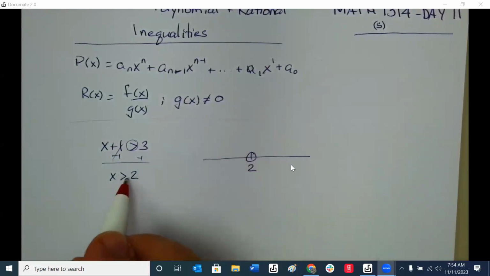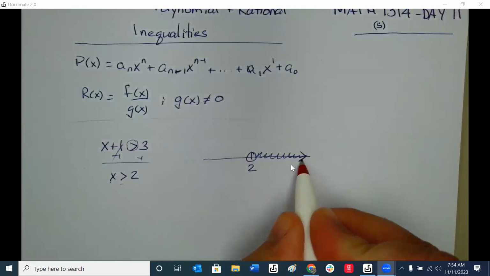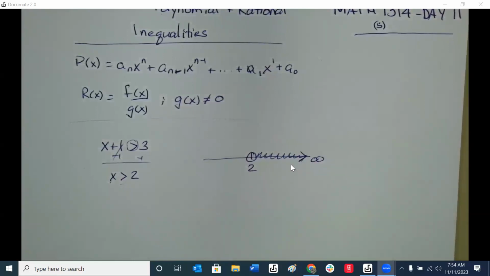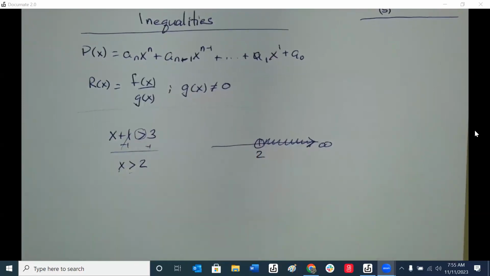It's not included because there's no line underneath. It's not equal to. And x is greater than 2. So our line goes this way, all the way to infinity. That is what we used to look like because it's just on a horizontal line.